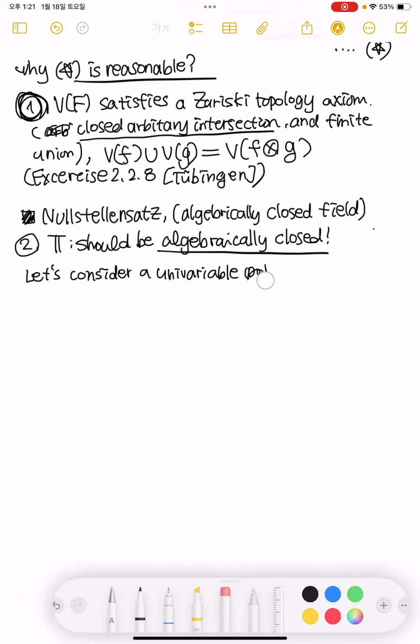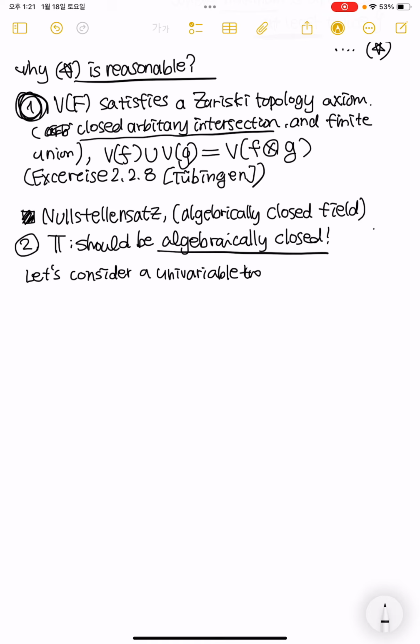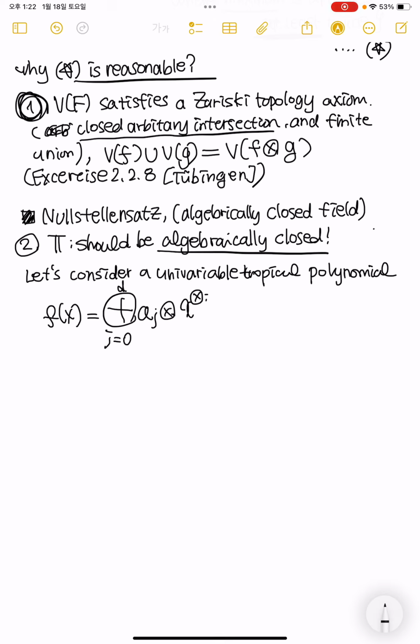Tropical, if we generalized the polynomial, that should be described, understand because if we express this idea, that is maximum like this.